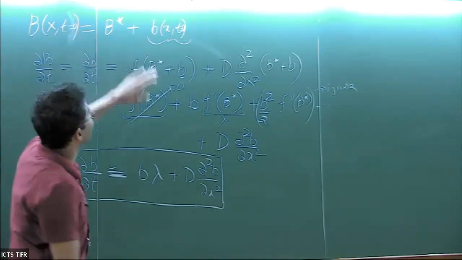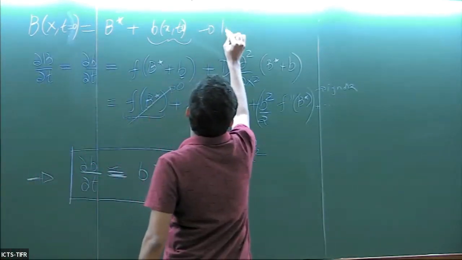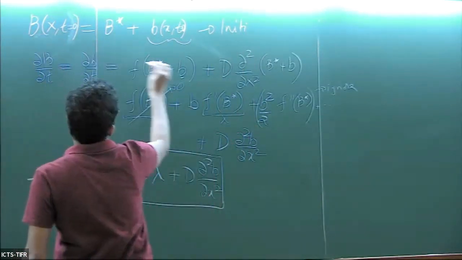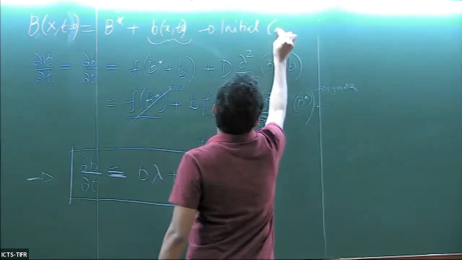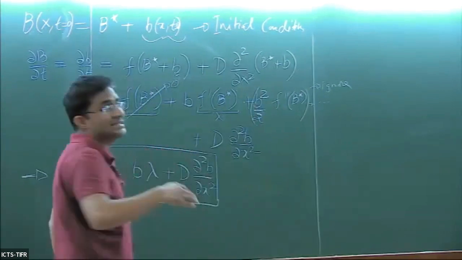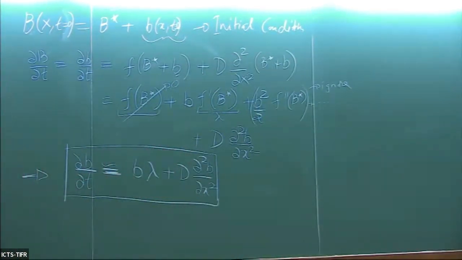This is the initial condition, right? And I want to know how this initial condition changes over time. And that is this. So this is not for t equal to 0. Any questions so far?